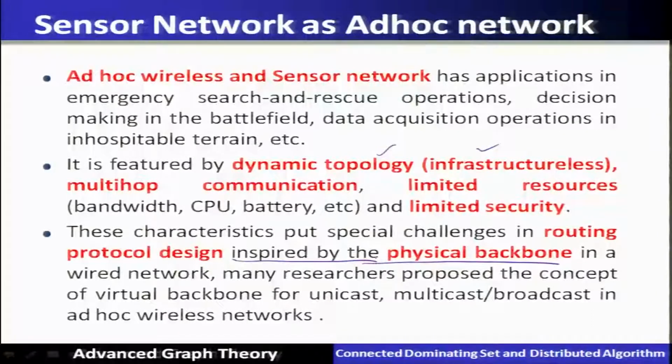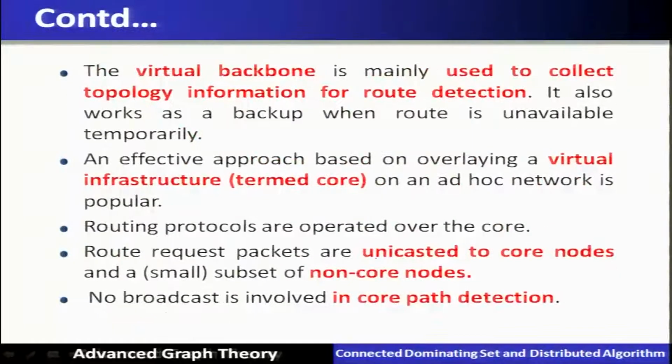So many researchers have proposed the concept of a virtual backbone, and that particular virtual backbone will be used for different kinds of communication, for example unicast, multicast, broadcast communication in ad hoc wireless networks. The virtual backbone is mainly used to collect the topology information for the route detection. So it also works as the backup when the route is unavailable temporarily.